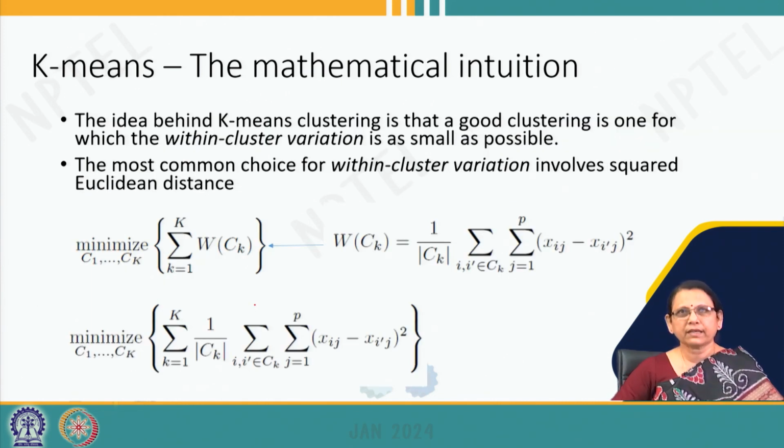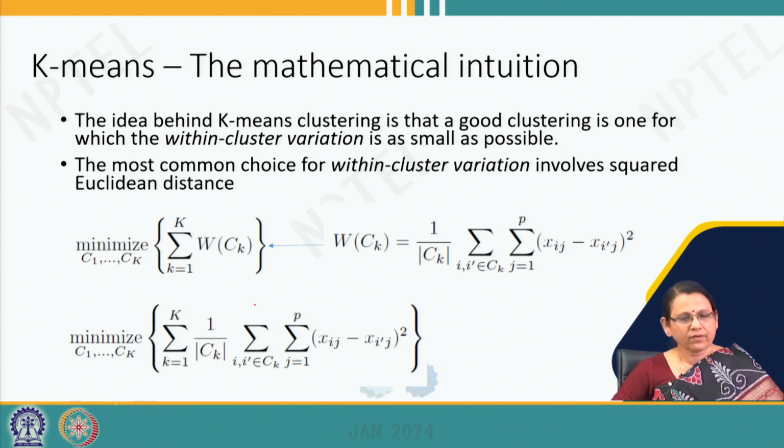Now, what is the mathematical intuition behind this? The idea behind k-means clustering is that a good clustering is one for which the within cluster variation is as small as possible. And the most common choice for within cluster variation is the Euclidean distance.